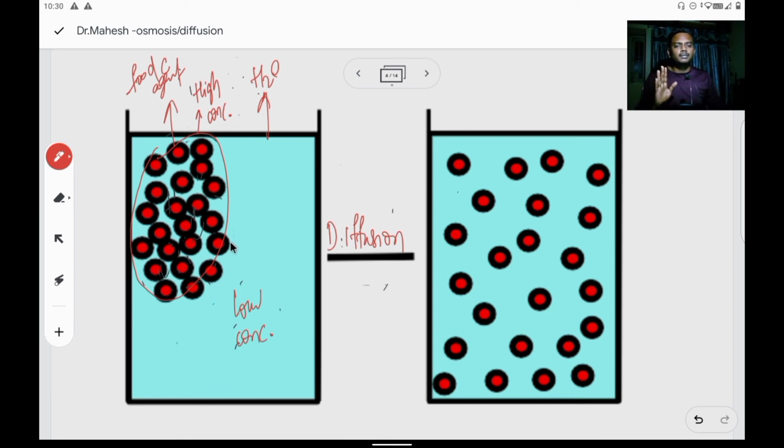Now what happens? On starting of diffusion, these solute particles can move this side, and these water particles can move this side, like this, because there is no semi-permeable membrane. There is no kind of restriction here. So solutes move like this, and the solvent water moves like this. So it is multi-directional.